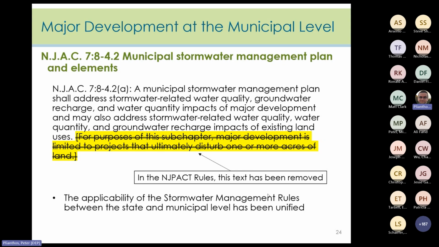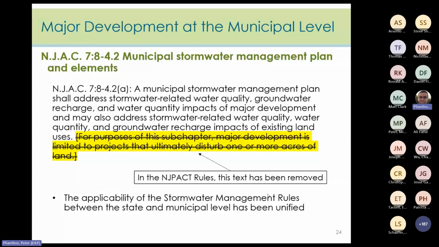Now we are jumping to a later part of the rules, to N.J.A.C. 7:8-4.2, Municipal Stormwater Management Plan and Elements. And we're moving here because it relates to major development. In the previous version of the rules, the following text was included as part of N.J.A.C. 7:8-4.2(a).